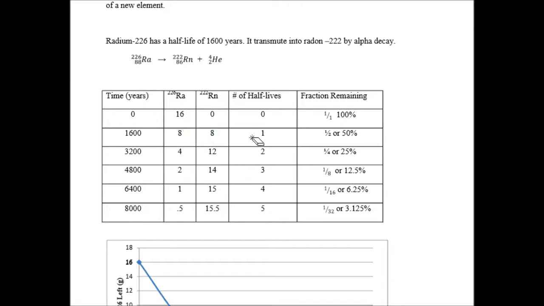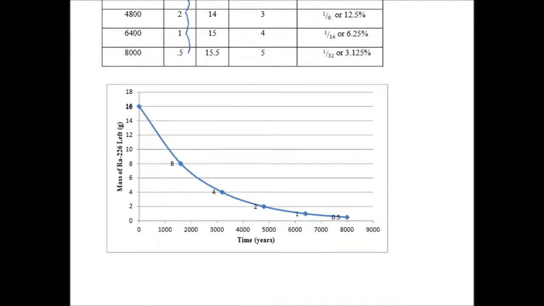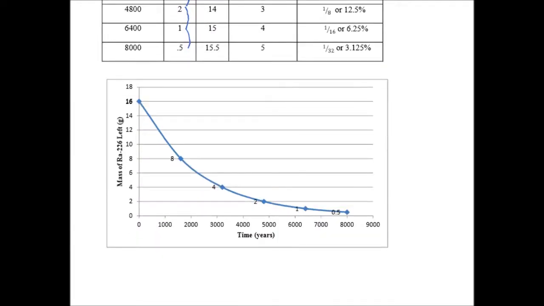So each half-life, you lose half of what's left. So 16 to 8 is one half-life. Then it would go down to 4 for the second half-life, to 2 for the third half-life, down to 1, and then 0.5. So if we were to graph this data, we would end up with this downward sloping curve.